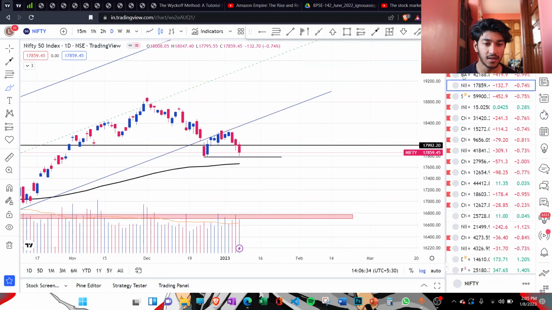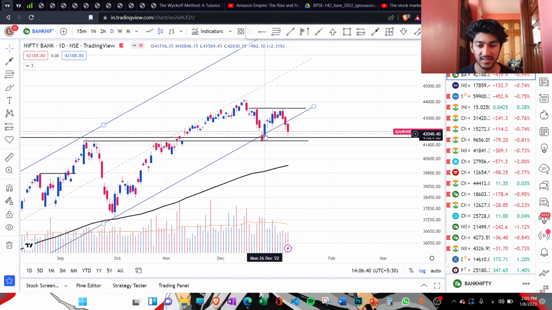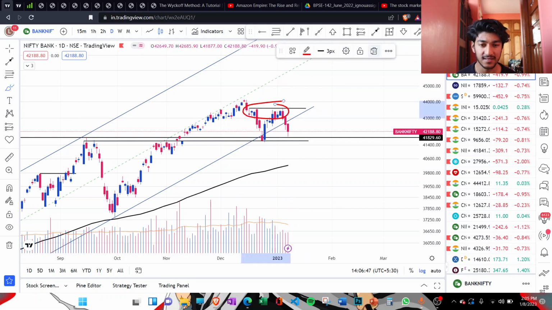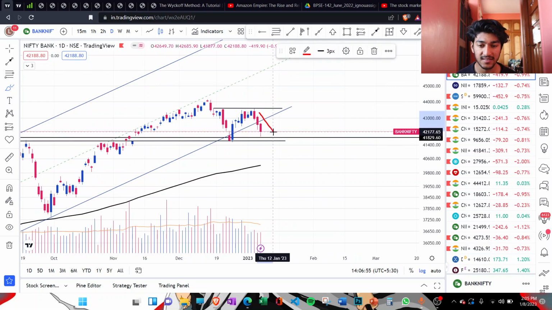If we look at other indices as well, like Bank Nifty, it is also in a similar position. It broke the channel here, but again came back up, and faced resistance at this level. So this becomes a really important level for Bank Nifty that needs to be taken out, around 43,625. Again it started coming down.